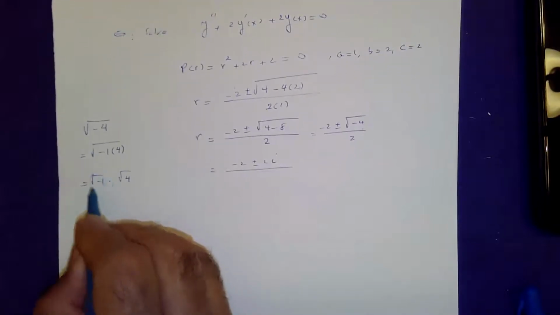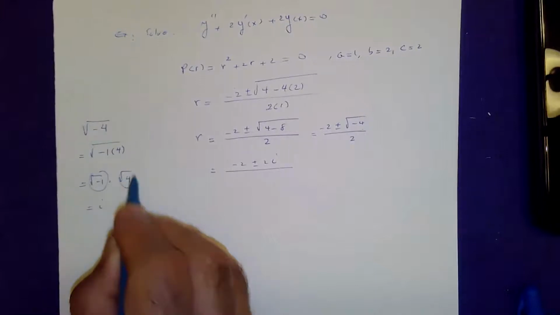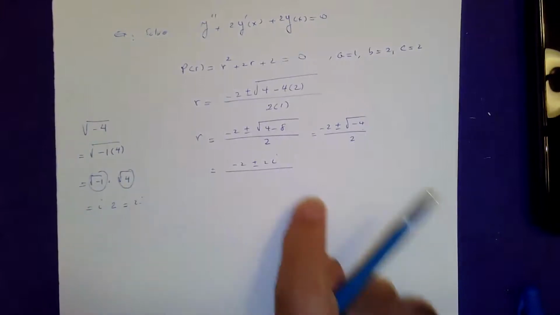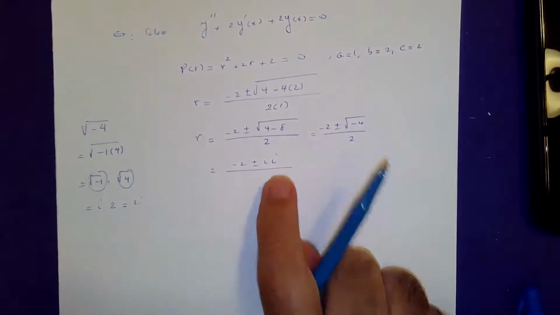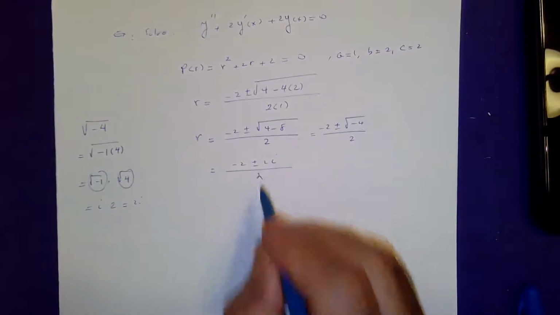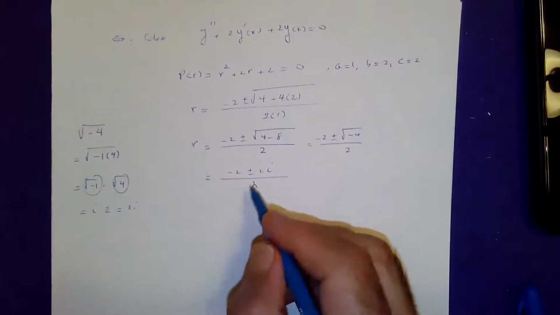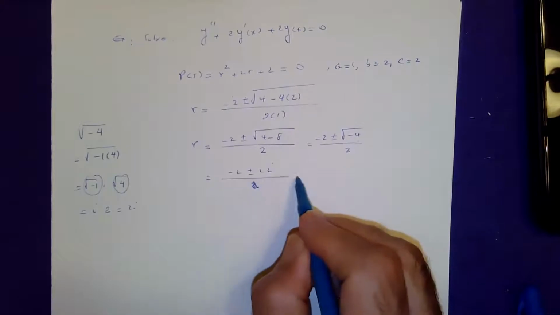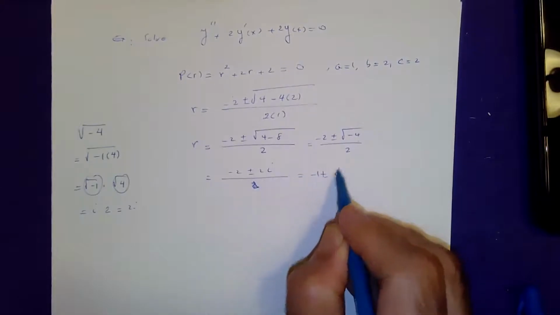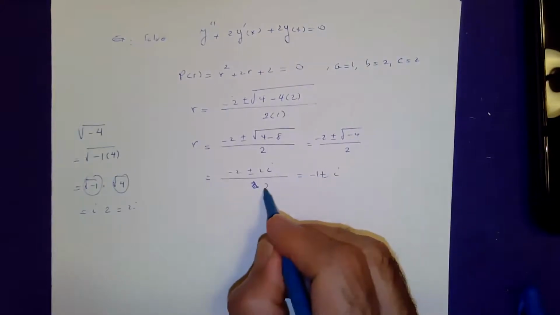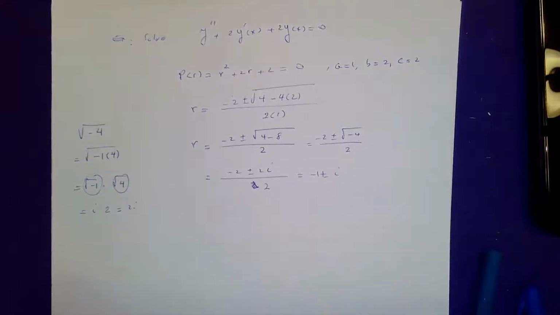By definition, this is i. That guy is 2, so I get 2i over 2. But now I can divide top and bottom by 2 and get negative 1 plus or minus i. So simplify the fraction, reduce it to its lowest terms.